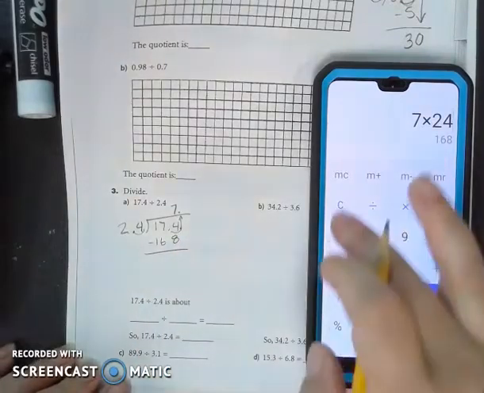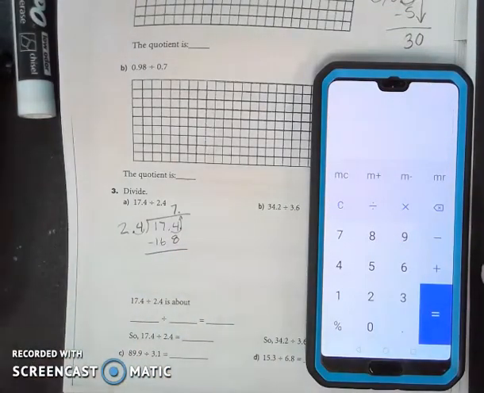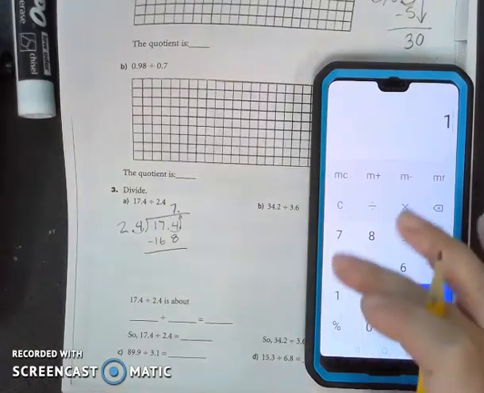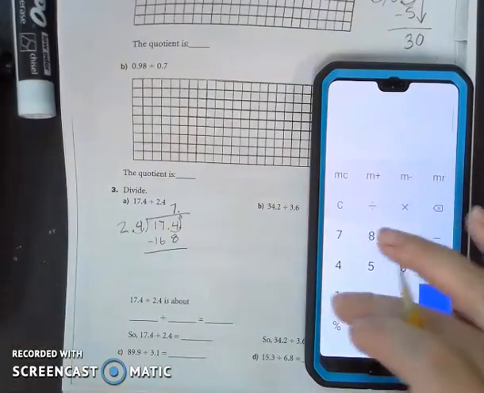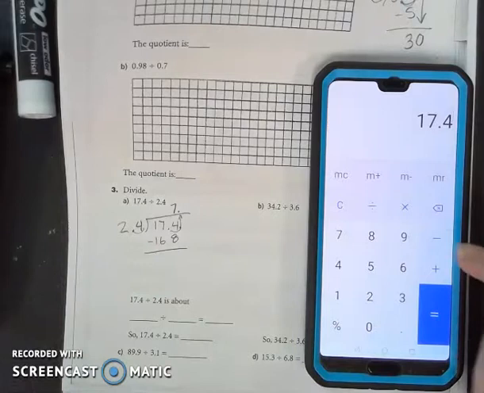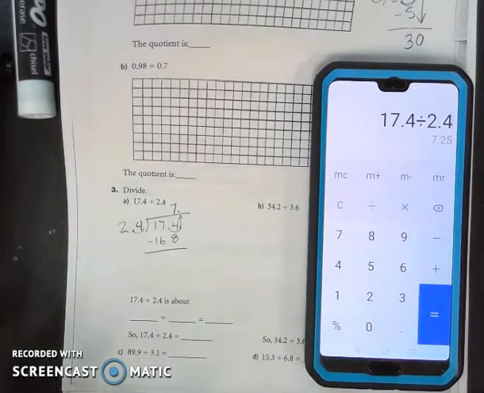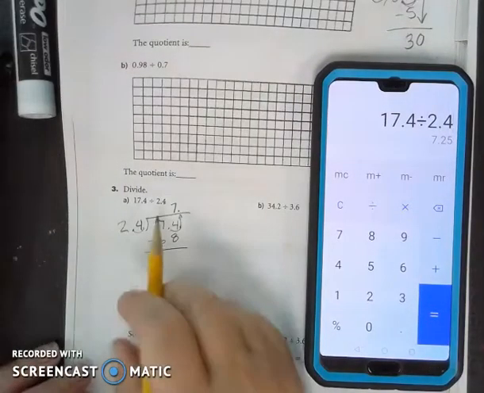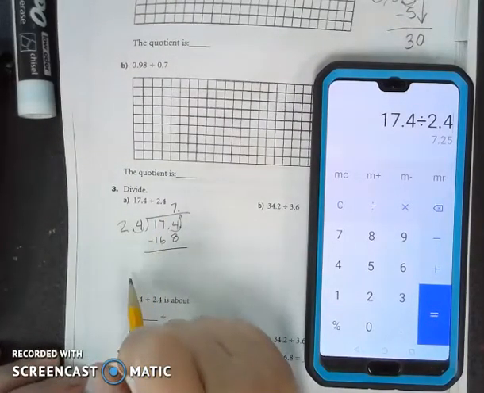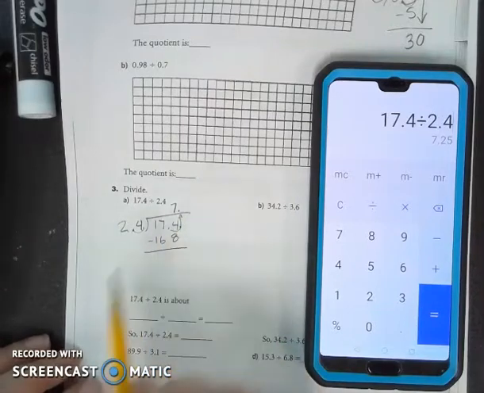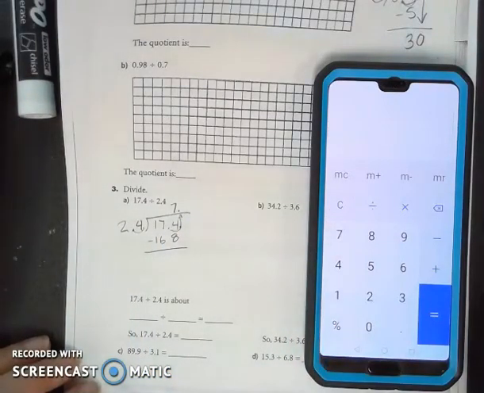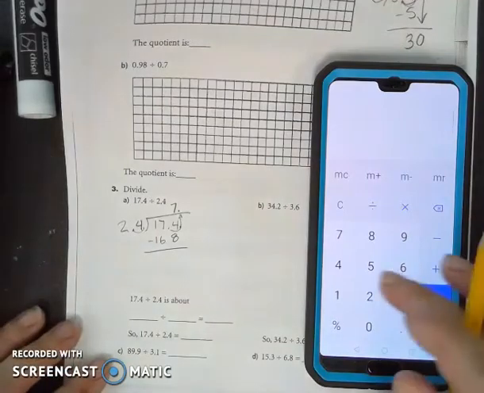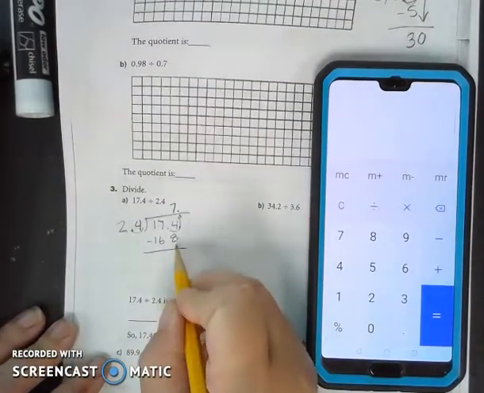Now, the cheater way of doing this, and I say cheater loosely because this is how we're all going to do it in the long term, is we're going to say 17.4 divided by 2.4. Now, this is not a bad method for just trying to get to know the system, to figure out how it works, but it doesn't actually teach us a whole lot about math. And so that's why I'm saying use your calculator, but maybe take the steps here. So we go 174 minus 168.